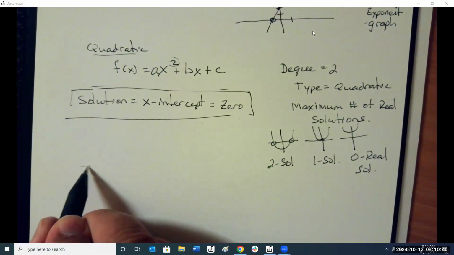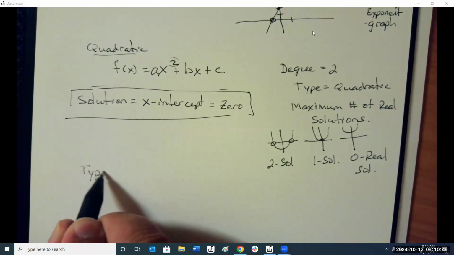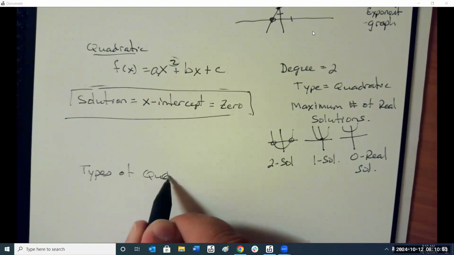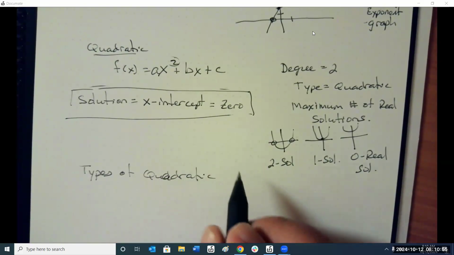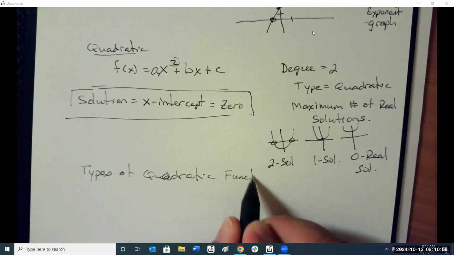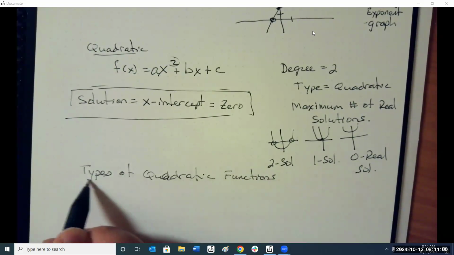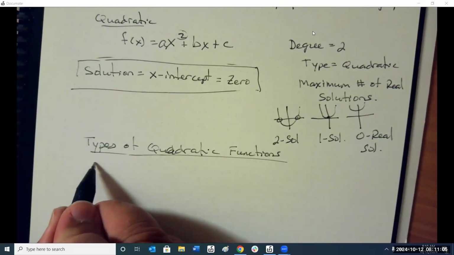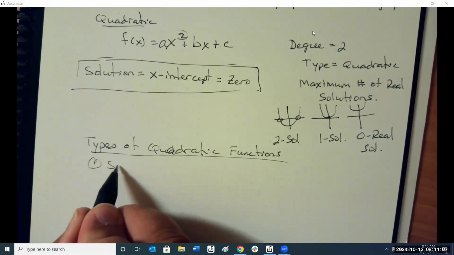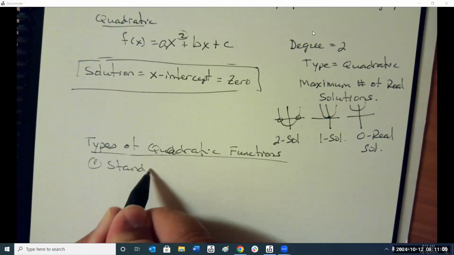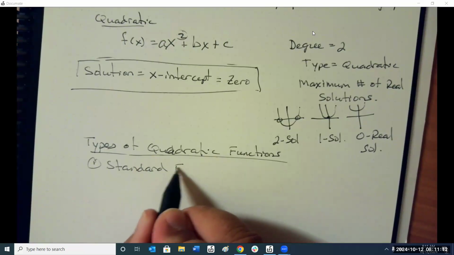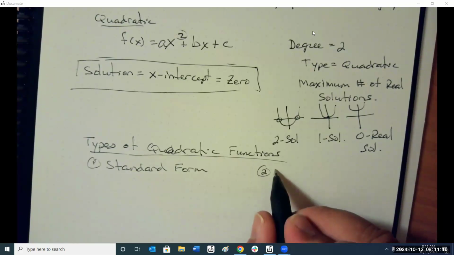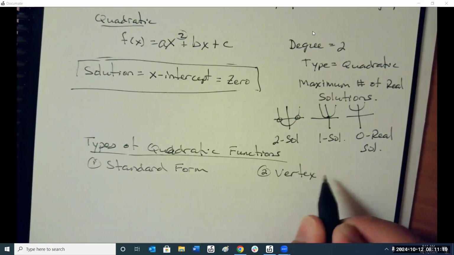Right, we have types of quadratic functions. We have in standard form, and we have in vertex form.